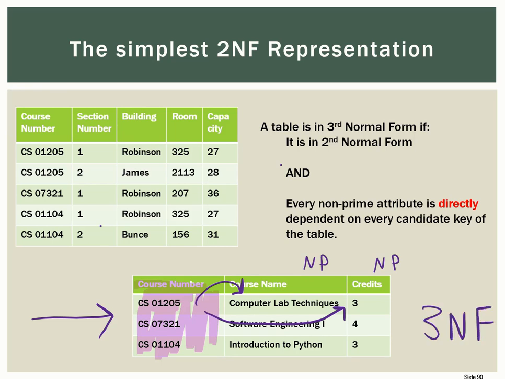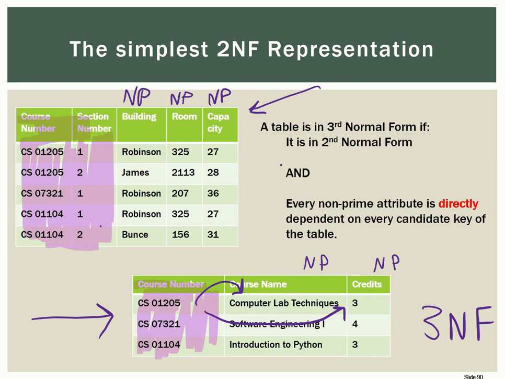But what about the second table? What about the table right here? Well, there is only one candidate key for this table. It's the course number and the section number. So that makes these three attributes, building, room, and capacity, the non-prime attributes. But as we identified before, not every non-prime attribute is directly dependent on every candidate key of the table.